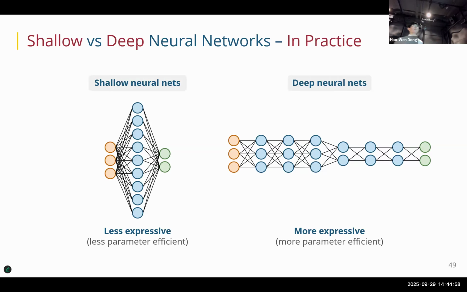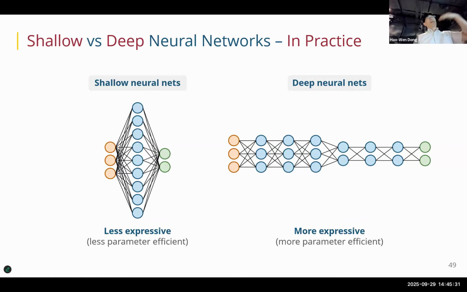Usually shallow neural networks are less expressive. By less expressive, what we mean is less parameter efficient, and parameter efficiency is a very tricky thing to understand. Basically, the set of functions that you can represent by this neural network is usually smaller than this one, because there is more nonlinearity going on in this case.